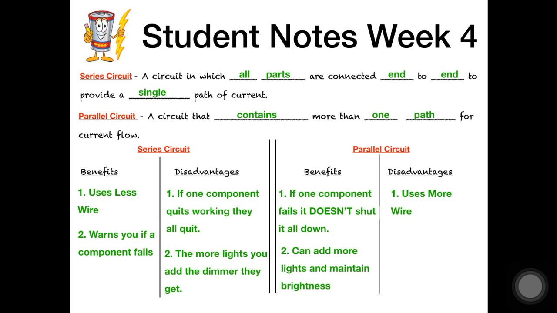When you're wanting to keep them all on different loops, you can touch those wires end to end, but you need enough wires to make the loops all basically separate. They can touch at the different components, but you need enough wire that it is going to go the whole way around each component and back to the battery.